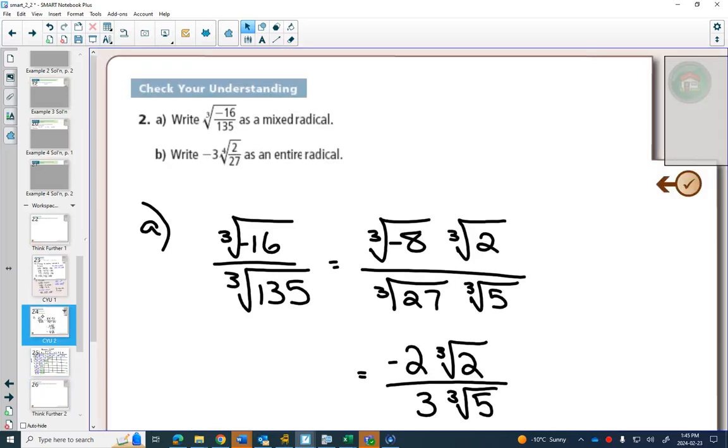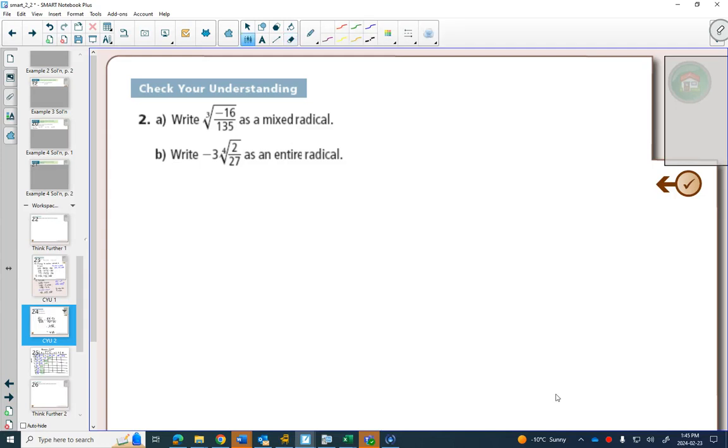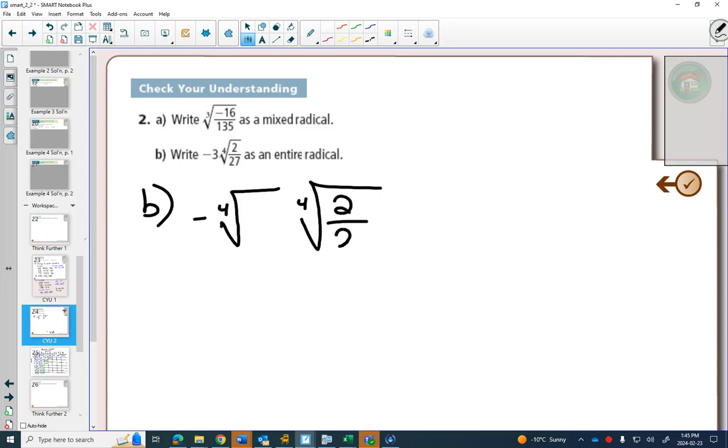Now in the other direction, in part B here, I'm going to erase part A. Writing as a mixed radical, well, we want to change, writing as an entire radical, we want to change that 3 to a 4th root.